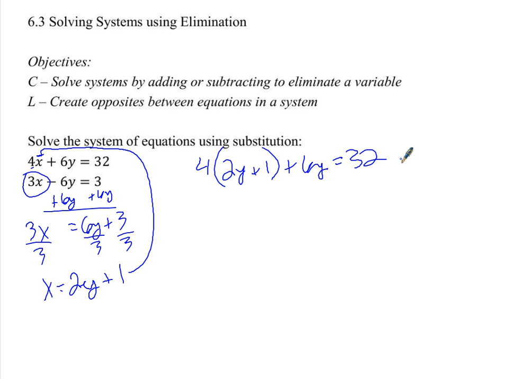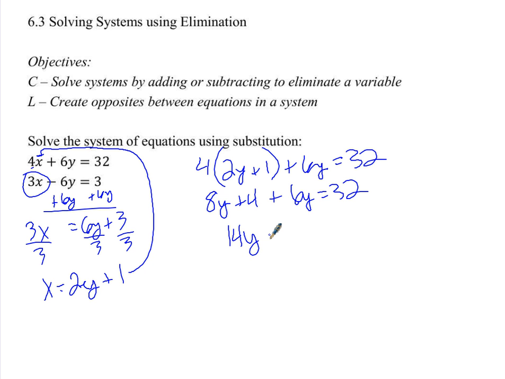All right, so we did the substitution. Now what happens? Distribute. So we get equals 32. Good. And then what do we do? Yeah, always combine like terms after you distribute. So we have an 8y and a 6y, which combines to give me, yep, 14y.